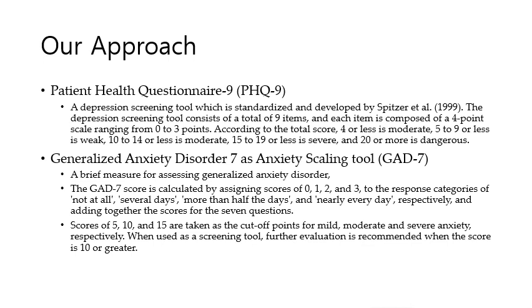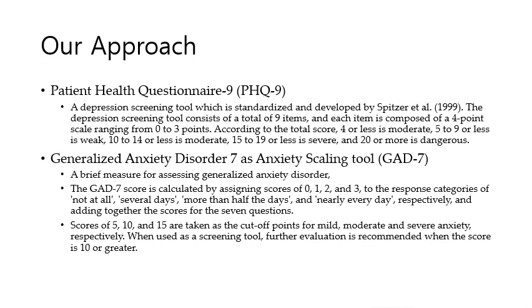The GAD-7 score is calculated by assigning scores of 0, 1, 2, and 3 to the response categories of not at all, several days, more than half the days, and nearly every day, respectively, and adding together the scores for the 7 questions.